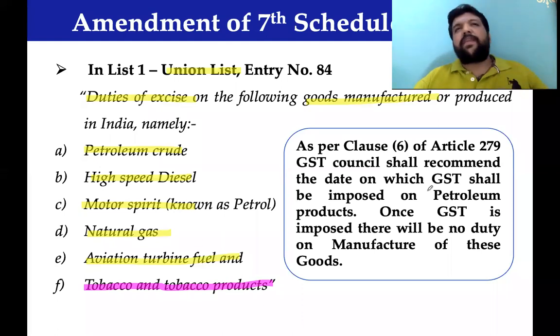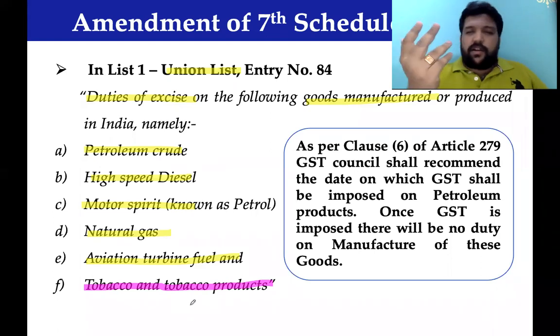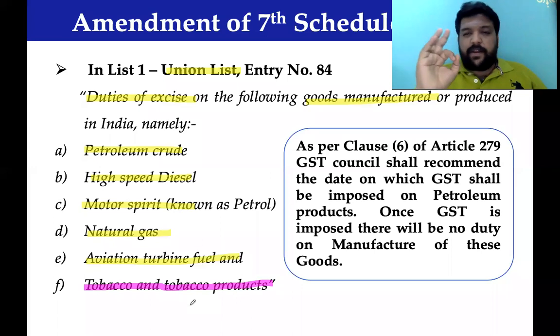Moving forward, consciously, the central government kept tobacco products in the excise duty list. The government thought, let's collect more tax from people who use tobacco products. So tobacco is the only product. Let me repeat.